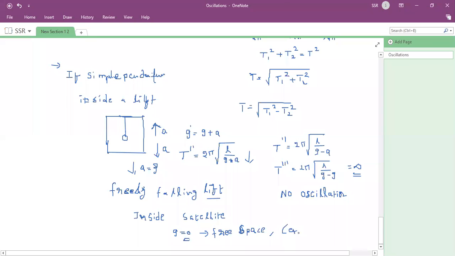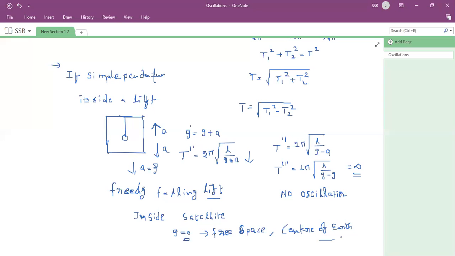At the center of Earth also g is 0. See here, how many cases came where the time period is infinity? 4 cases. Freely falling lift, or inside a satellite, or free space outside the Earth, or center of the Earth, where the time period of the pendulum is infinity. That means no movement of the pendulum.